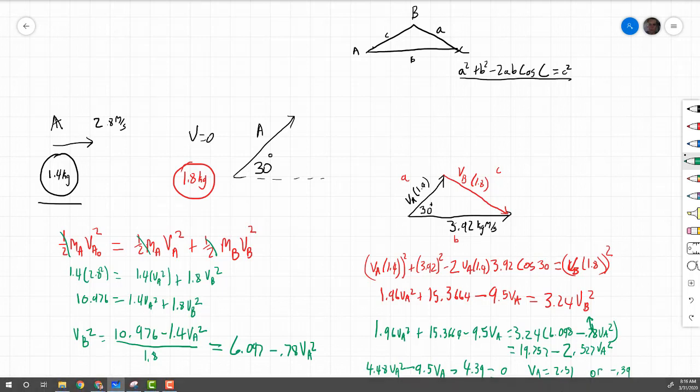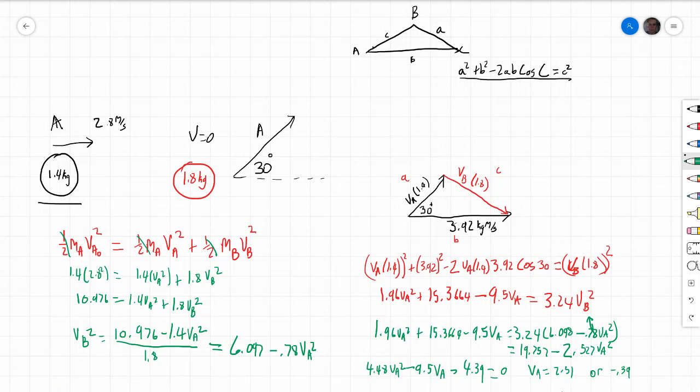Okay? And so then we have to decide which one of those is the correct answer. We know it actually has to be the positive 2.51 because of the way we drew our picture.